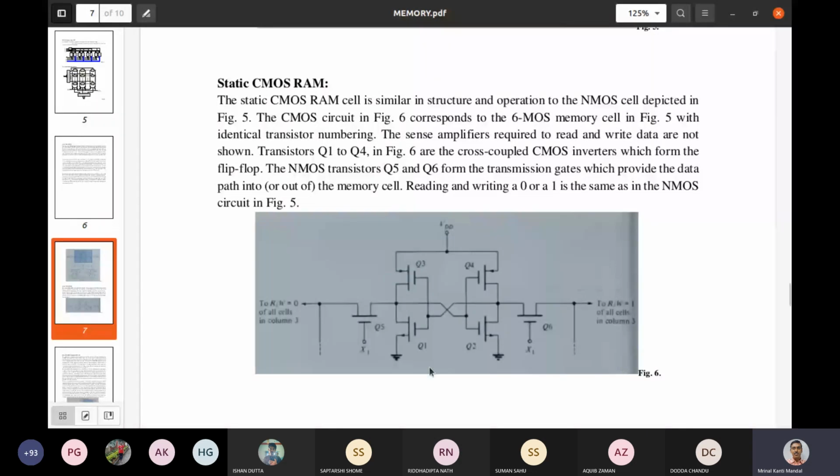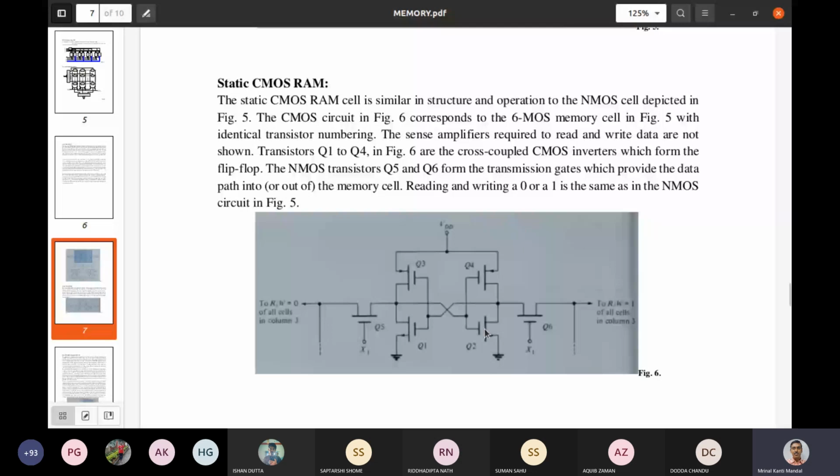So this is the gating network, Q5 and Q6. Then the 0-bit line and 1-bit line are connected to your read, write, and sense amplifier that we have shown previously. So the remaining part will be the same. Then what will happen?